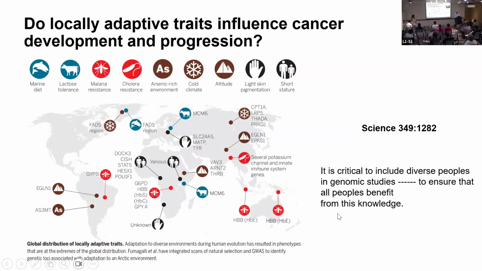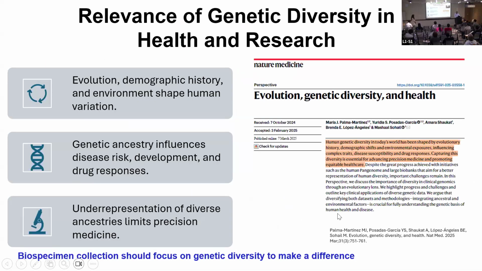This is something we need to take into consideration, particularly in the context of cancer. Evolution, demographic history, and environment shape human variation. Again, this is a very interesting paper which came out last year in Nature Medicine, emphasizing why we need to use multiple samples from different groups. Genetic ancestry also influences disease risk, development, and drug responses.